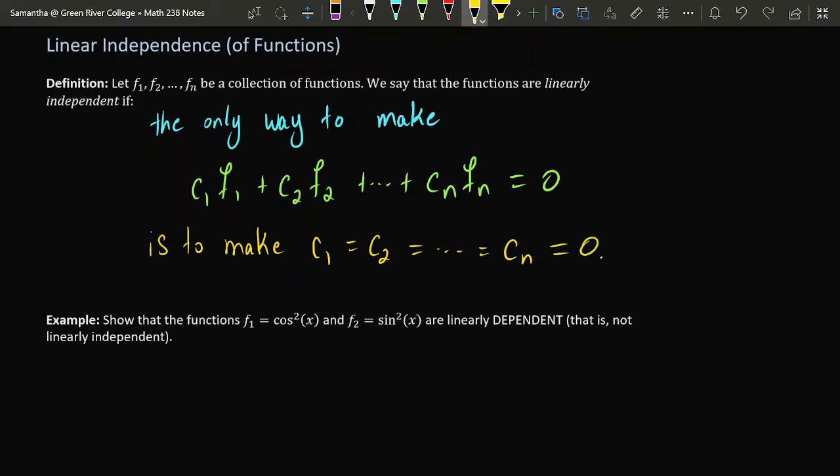There's no non-trivial, meaningful way to combine the functions f1 through fn and get 0 as the result.